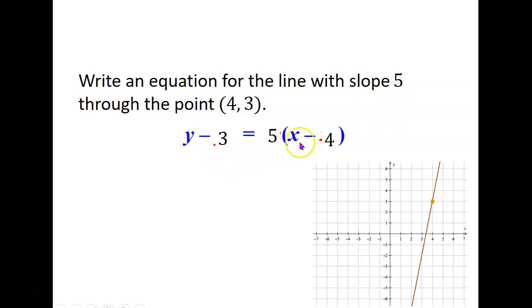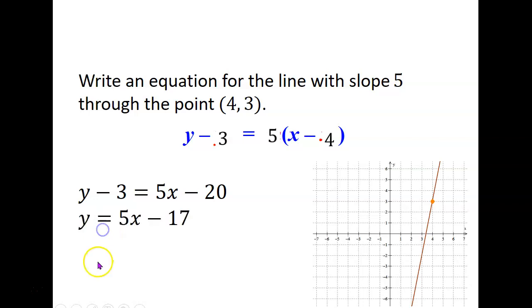We could distribute to remove the parentheses, and then it would be y minus 3 equals 5x minus 20. If we want it solved for y, we can get rid of the minus 3 by adding 3 to both sides, and then it's y equals 5x minus 17. Notice the 5 is still part of this equation.